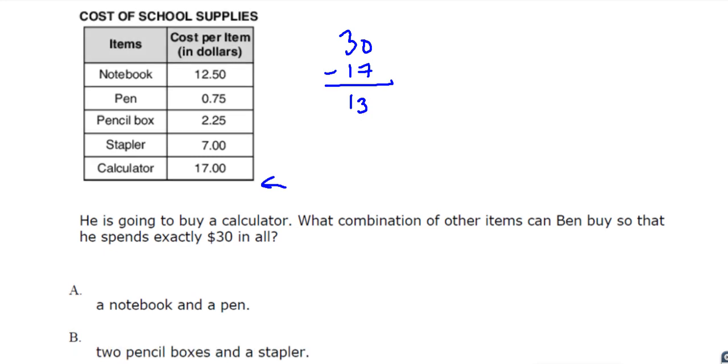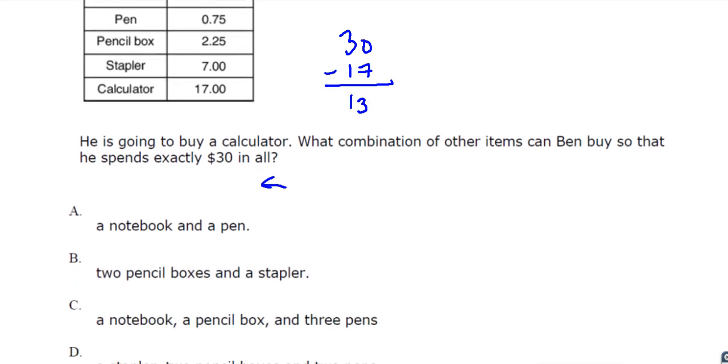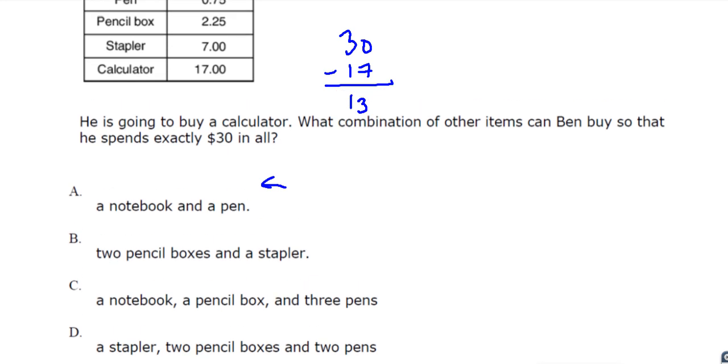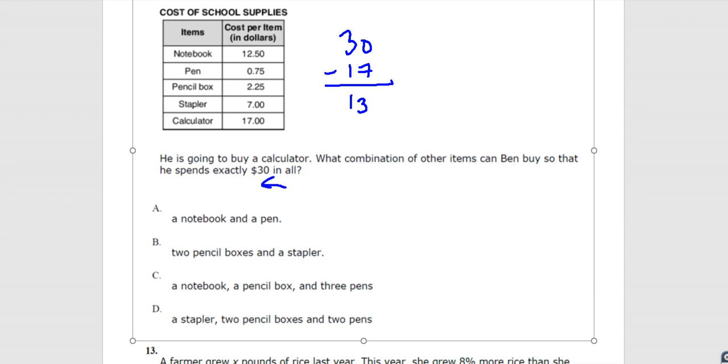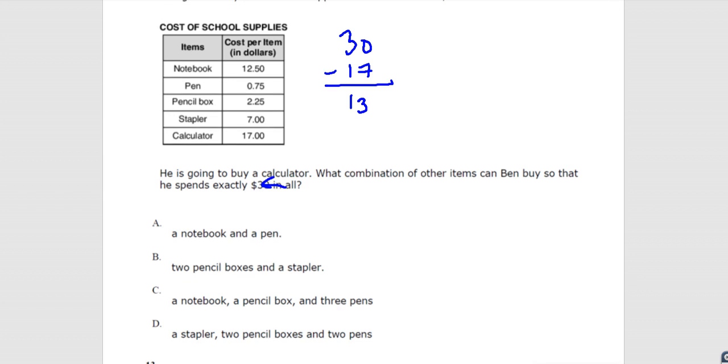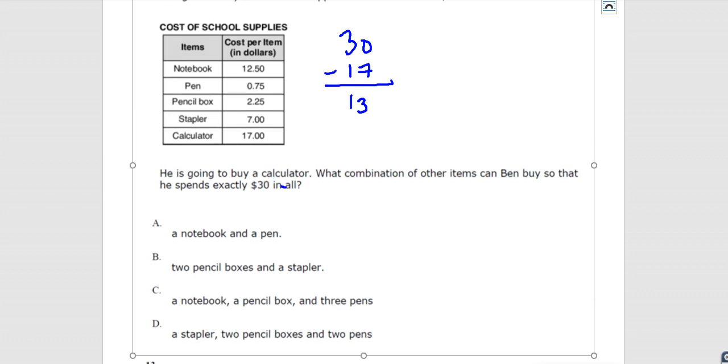So let's look at our options. We have a notebook and a pen. So if we bought a notebook and a pen, the notebook would have cost $12.50, which means it would have only had 50 cents left over. And so since nothing costs 50 cents, this pen is not 50 cents, that can't work.